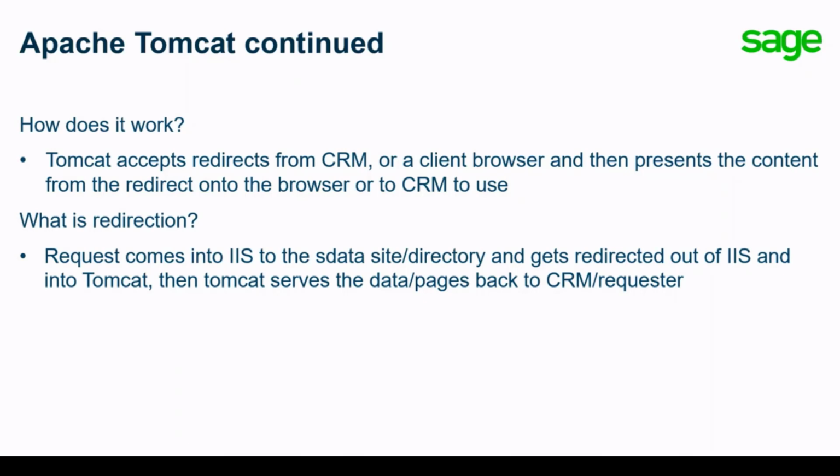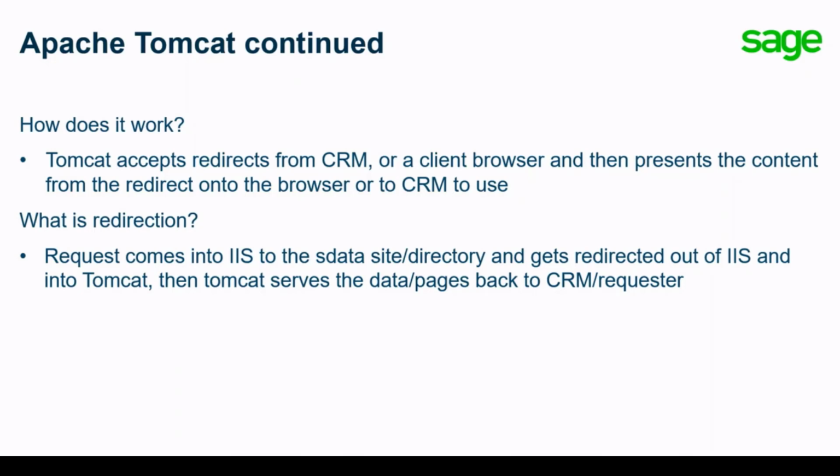Redirection is basically when information or a request comes into a site through IIS. That site can either deal with it itself and present the content back, or when the site accepts a certain request, it can redirect it to a different service or site where it will handle the request, send it back to the originating site, and then back to the client browser.